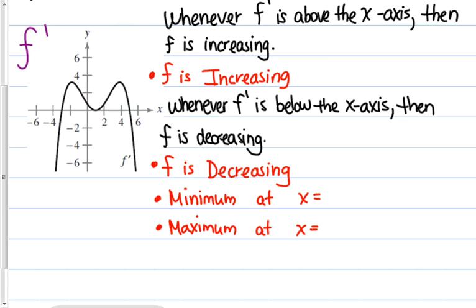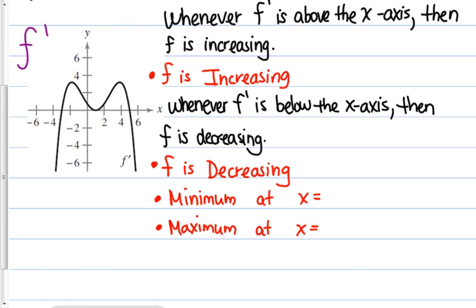So this is my derivative, right? And whenever my derivative, f prime, is above the x-axis, so for whatever parts of this graph are above the x-axis, automatically those sections, those intervals, are where the original function f is increasing. Whenever f prime is below the x-axis, this is where the original function is decreasing. So if you split this up into above, below, right?